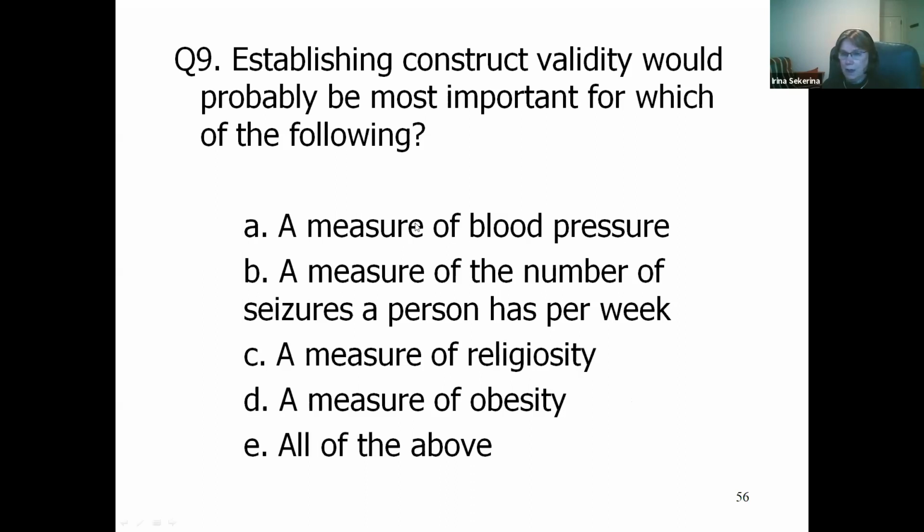So let's look at A. How do we measure blood pressure? We have a special gadget that we can buy in the pharmacy. Yes, beats per minute. You put it on your arm, you pump it, and then you get the readings.